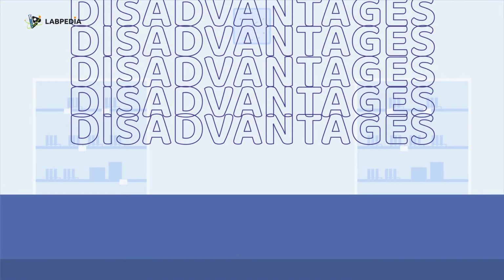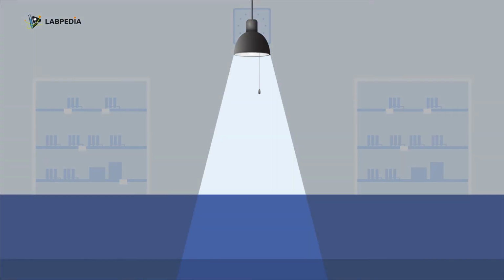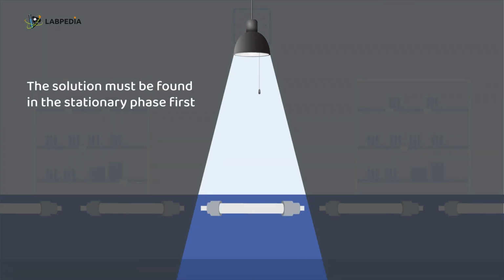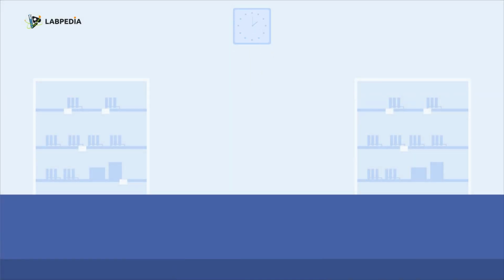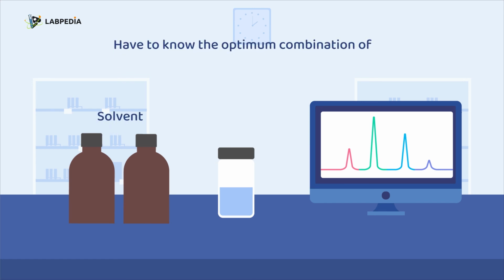Disadvantages: the solute must be found in the stationary phase first. You have to know the optimum combination of solvent, analyte, and gradient elution.